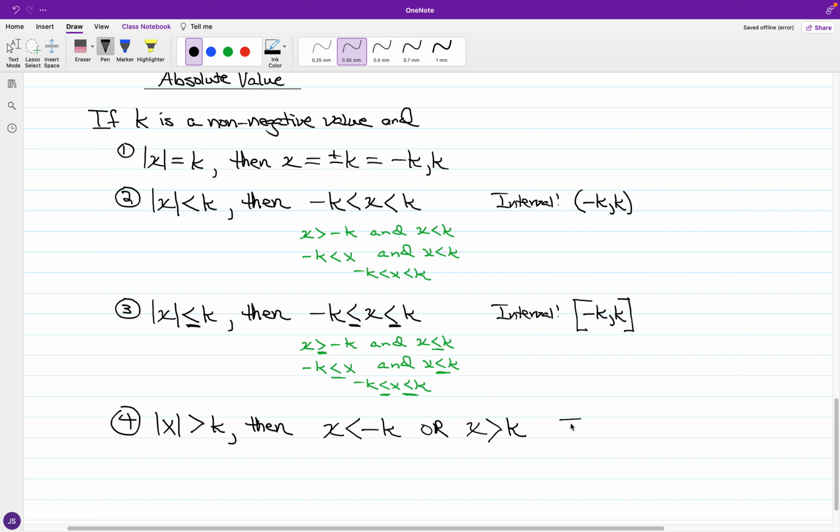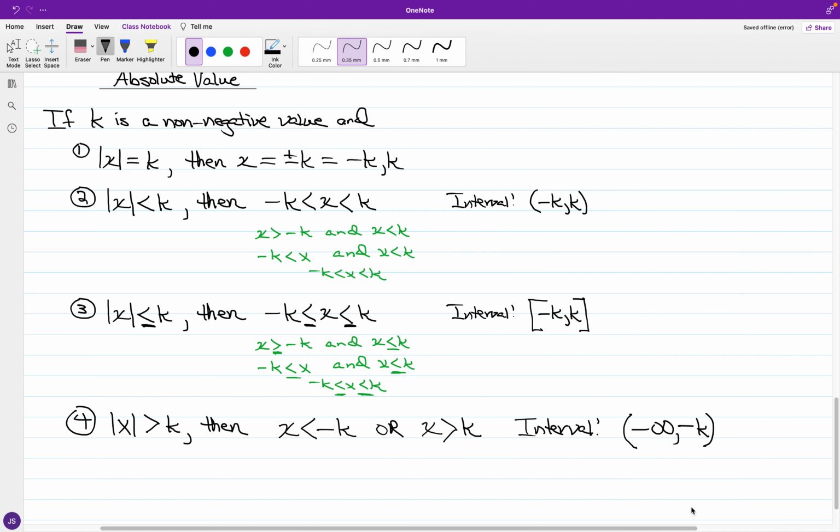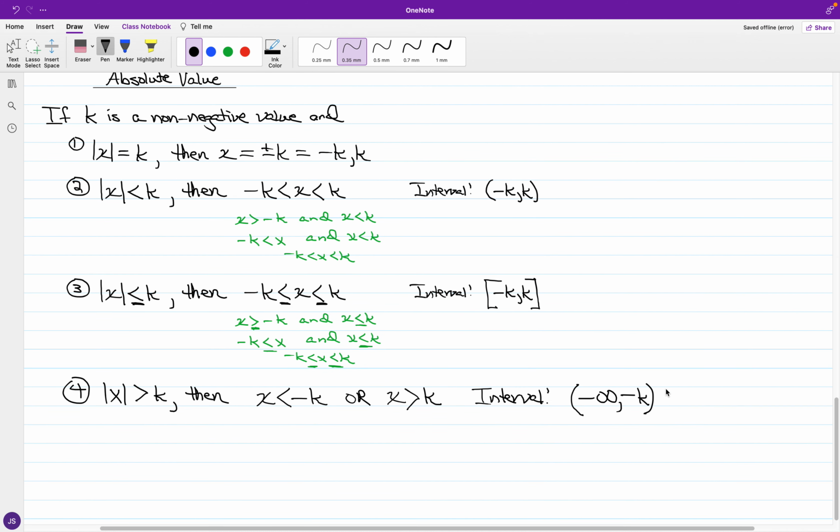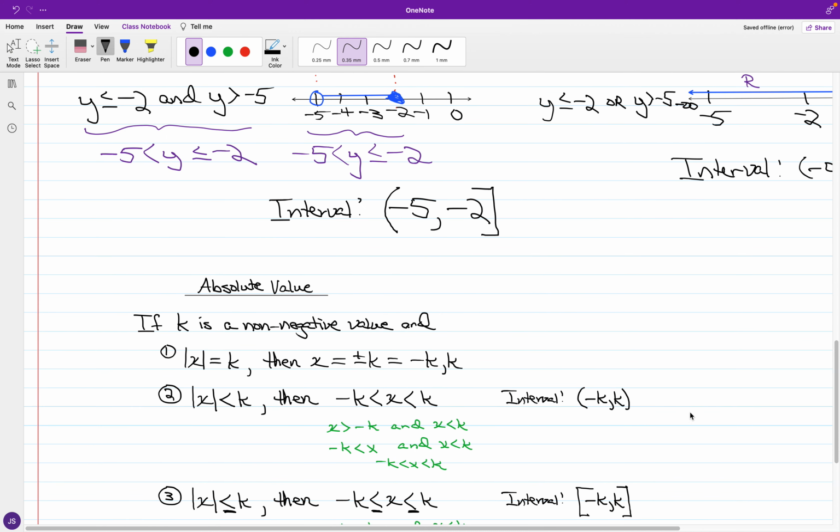And for the interval notation, in the negative zone, on the minus side you have from negative infinity approaching but not including negative k, and this is going to be detached from the upper end, where x is greater than k. To signify the detachment, we'll have a U symbol.